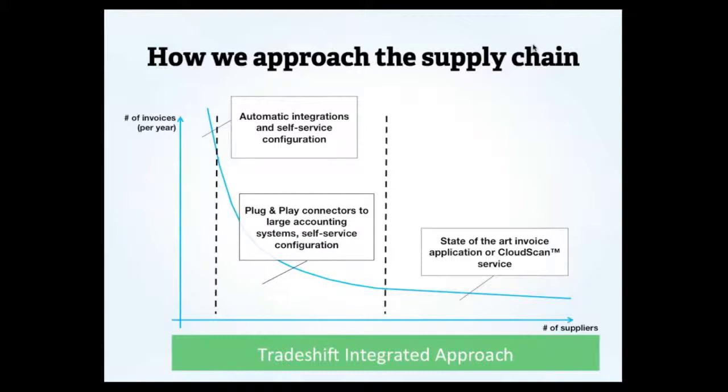But then as you move towards the right on the curve, the widespread of electronic invoicing networks became very limited. And then as you go all the way to the right, most suppliers today send paper, and you would have to go through a cumbersome scanning process.